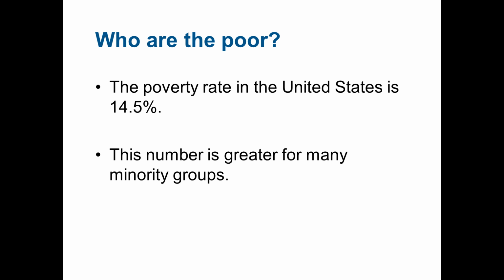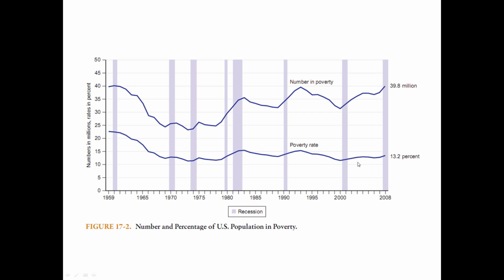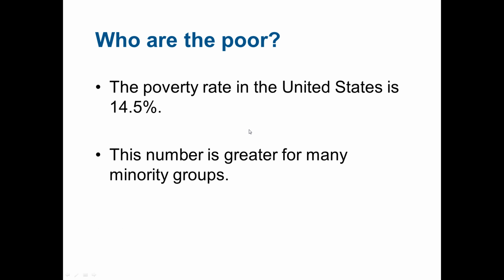And currently the poverty rate is at about 14.5%, so it fits pretty well with the present historical trends if you were to extend this out to the current period. The poverty rate, of course, for a number of different minority groups is higher than on average.